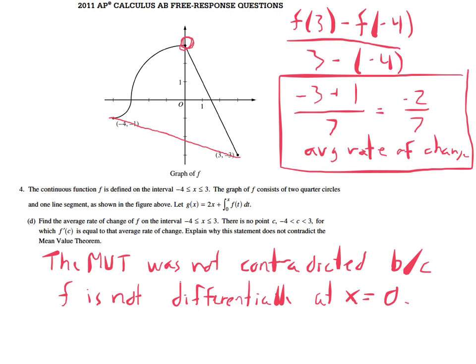The MVT was not contradicted because f is not differentiable. Sorry, my handwriting is terrible in this one. The MVT was not contradicted because f is not differentiable at x equals 0. And that's all we really need to say.